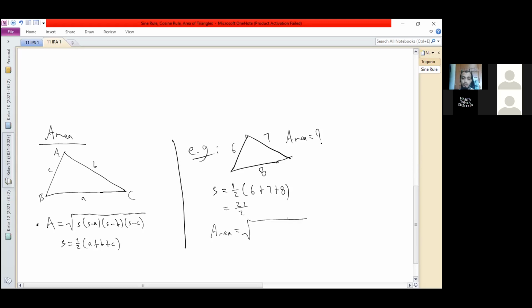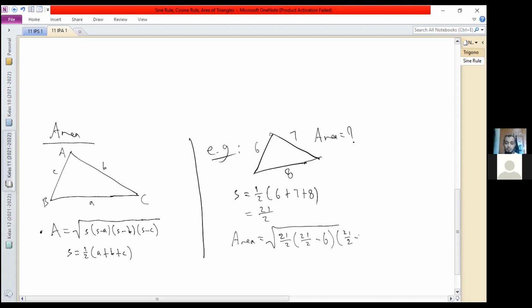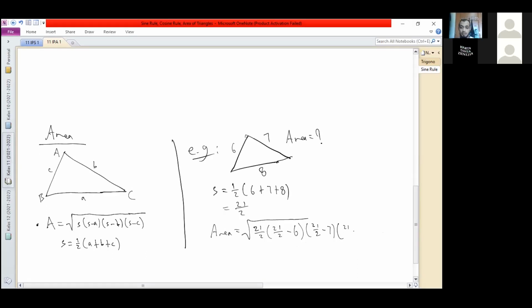Square root of S times S minus A, so 21/2 minus 6. You can also use 10.5 minus 6, and then times 21/2 minus 7 times 21/2 minus 8. If you will, this is 10.5 times 4.5, 3.5, 2.5.